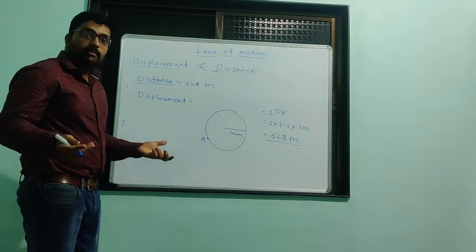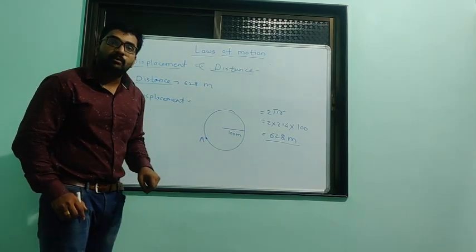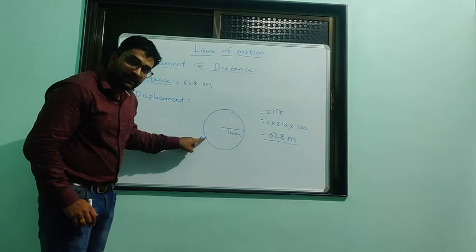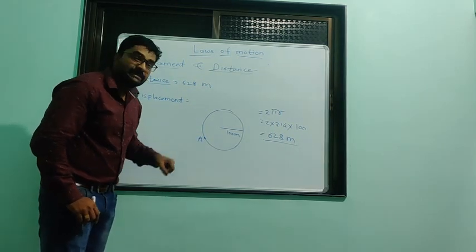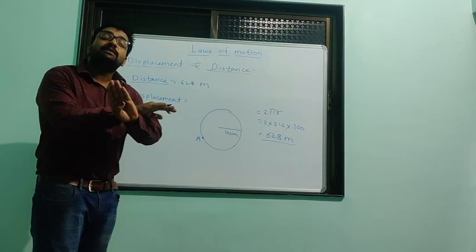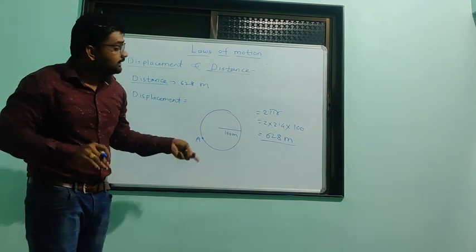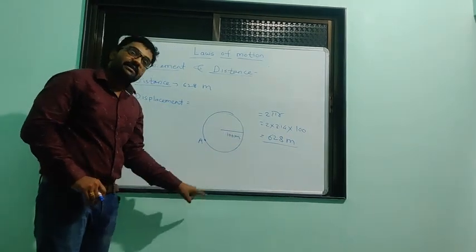Displacement is the minimum distance between start point and end point. Here the start point is A and the end point is also A, so there is no distance of separation between the initial and final point.